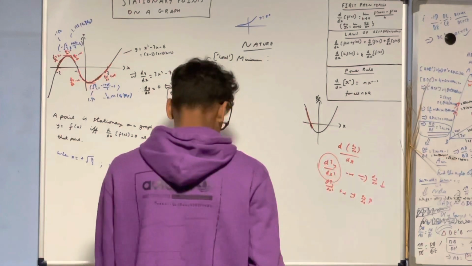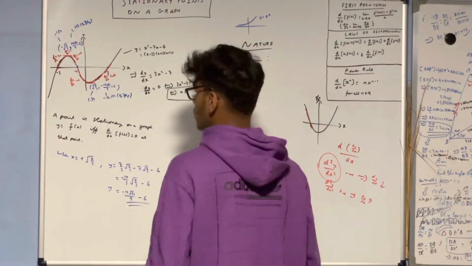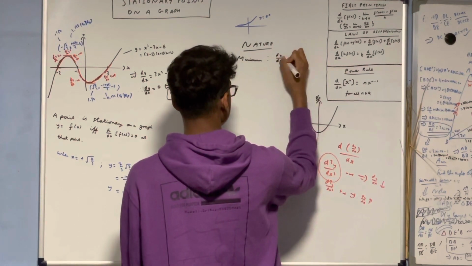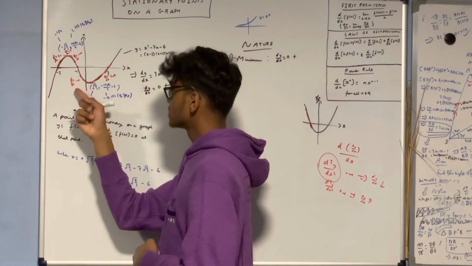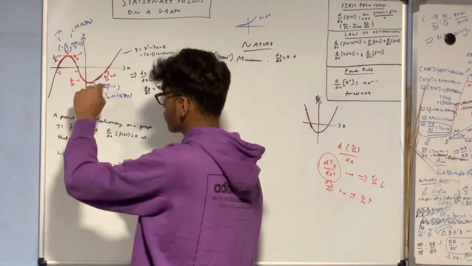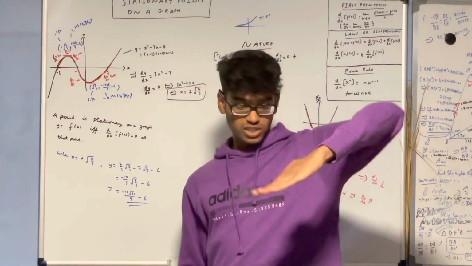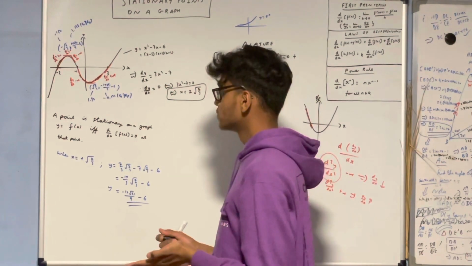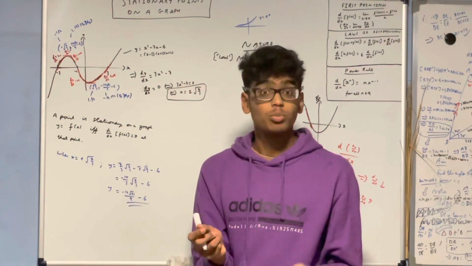So a graph has a minimum point when dy by dx is 0, and, since at a minimum point dy by dx goes from negative to 0 to positive, that means the value of dy by dx in this range is getting more positive, right?